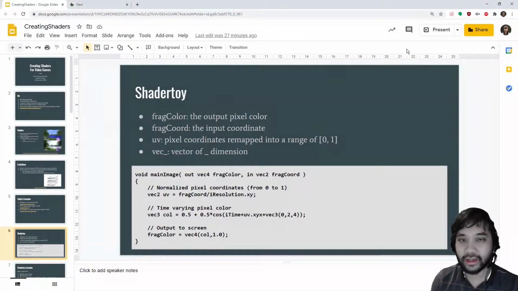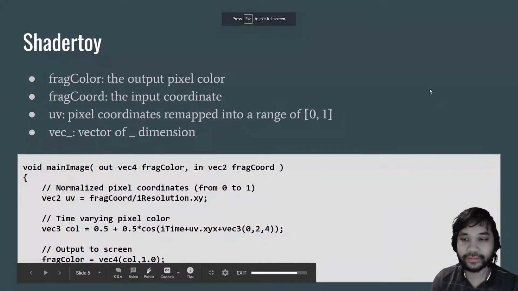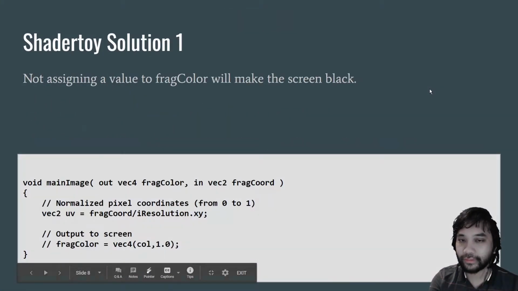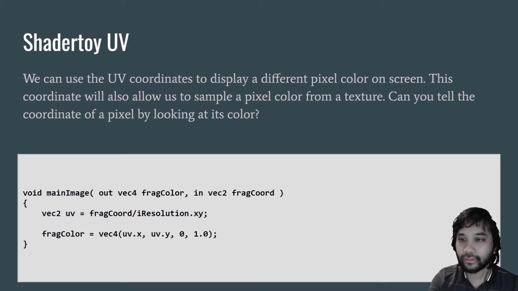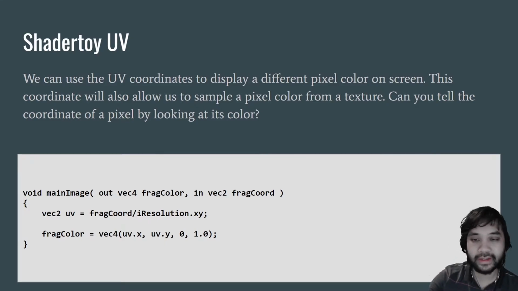Let's move forward in our notes here. Okay, so let's go back to the UV that I talked about earlier, because this will be important for sampling colors from a texture and displaying it on the screen.